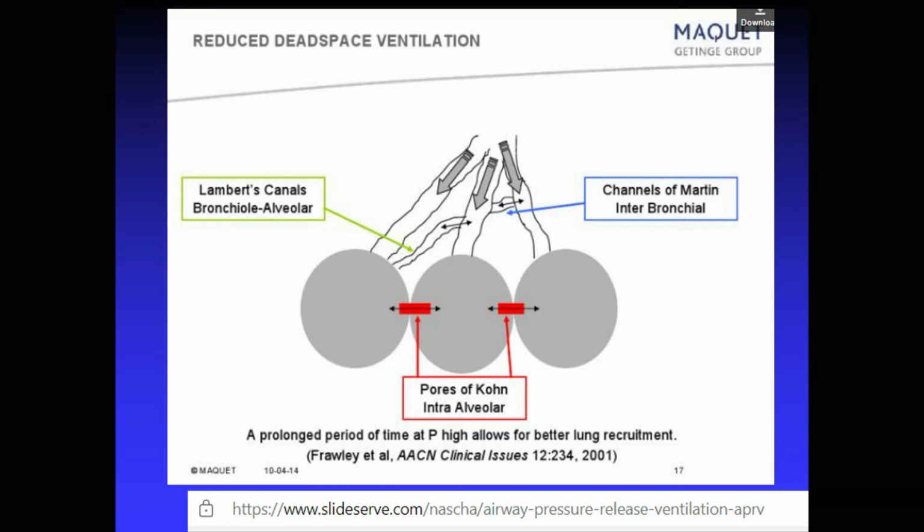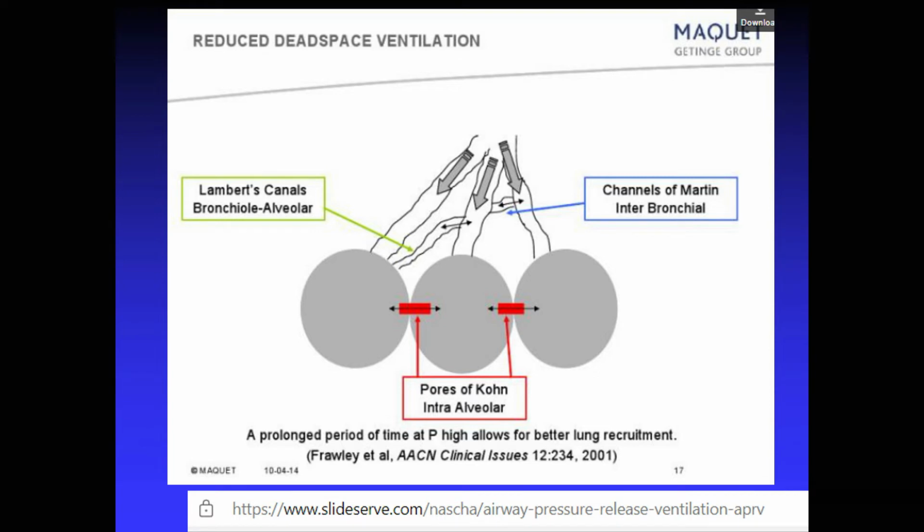And thus the high pressures, if applied appropriately, actually facilitate not just direct alveolar opening, but also indirect opening via the pores of Kohn, the bronchial alveolar canals of Lambert, and the interbronchial channels of Martin. You get even more alveolar recruitment.